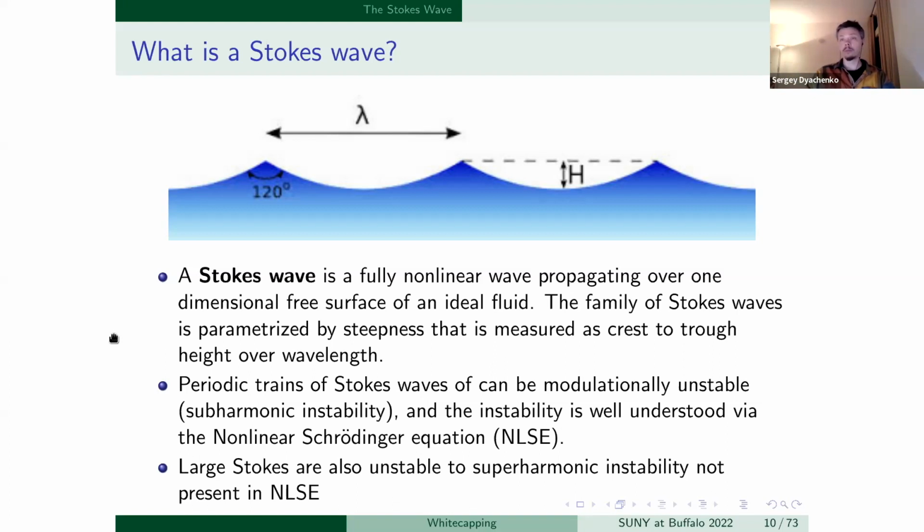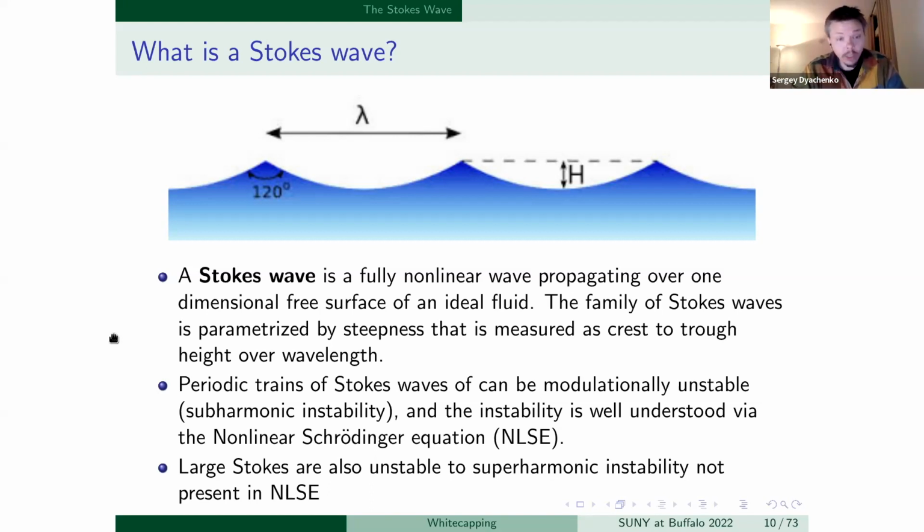Schrödinger equation, where a constant envelope has a modulational instability. Essentially you can think of this constant envelope as being the envelope of a train of many Stokes waves, and since there is a modulational instability in the focusing nonlinear Schrödinger equation, it also carries over to the water waves problem as well.